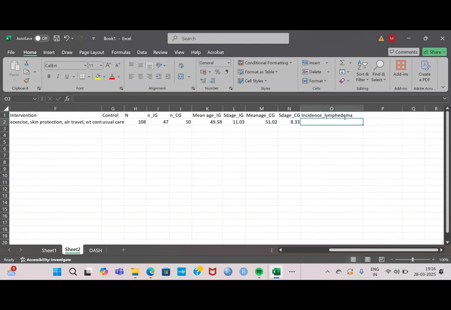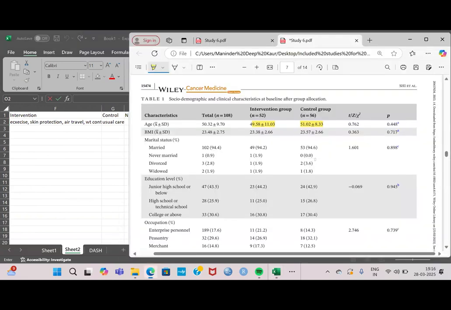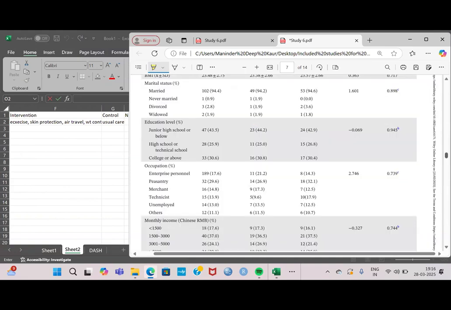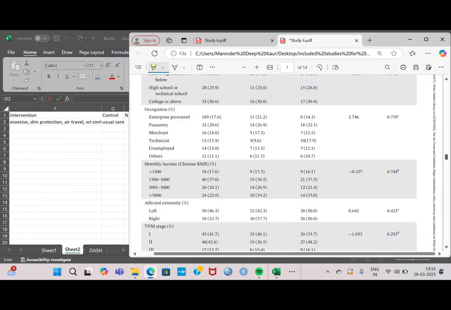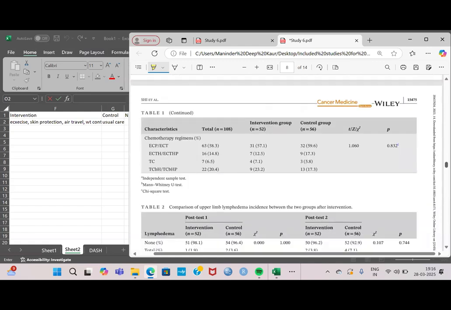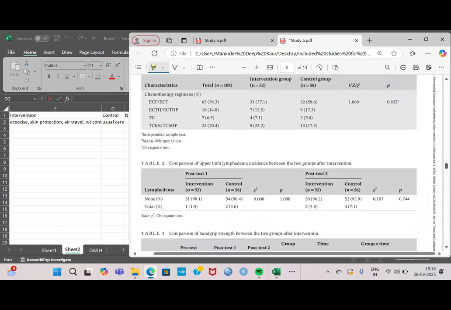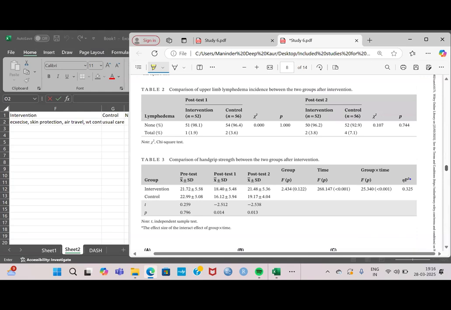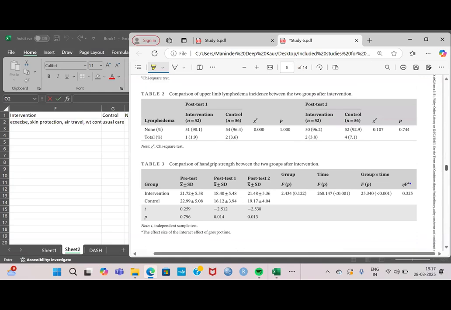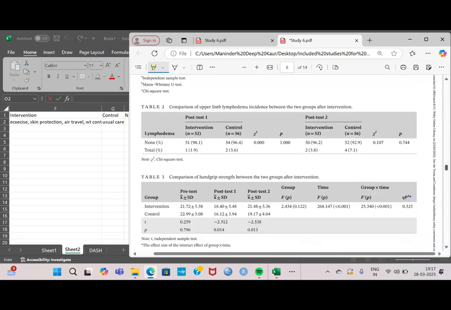Now I have to look for the incidence of lymphedema. So what is the incidence of lymphedema? Incidence of lymphedema.